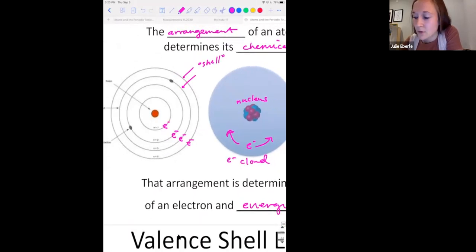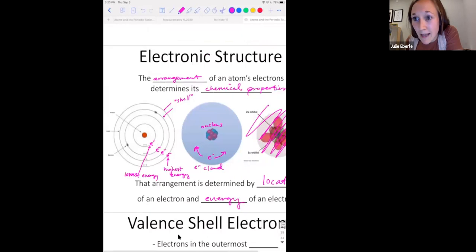You don't have to know too much about the energy, but an electron on the innermost shell is going to have the lowest amount of energy, and an electron on the outermost shell has the highest energy. So based on its location in the atom, it's going to have a different amount of energy. And these things, believe it or not, affect how reactive an element is.